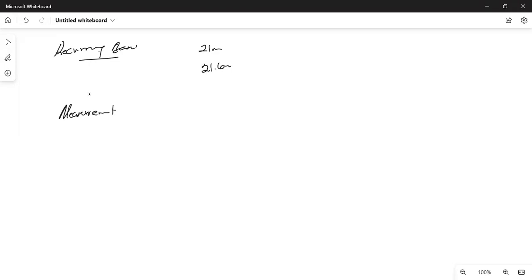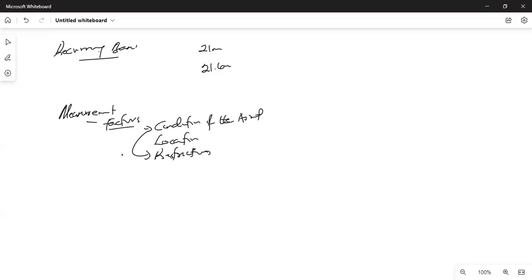So take consideration of the conditions, all right? The factors we are talking about: take the condition of the asset, also take consideration of the location, and check if there are any restrictions. All right, these are theoretical things, and that is it.